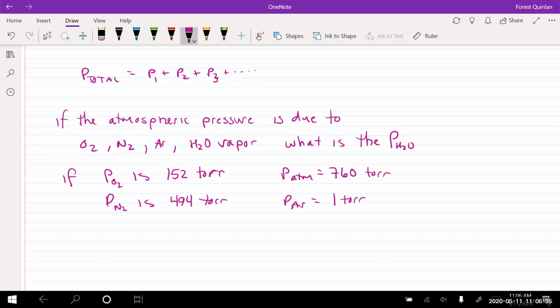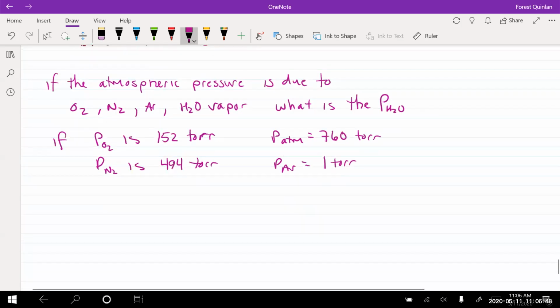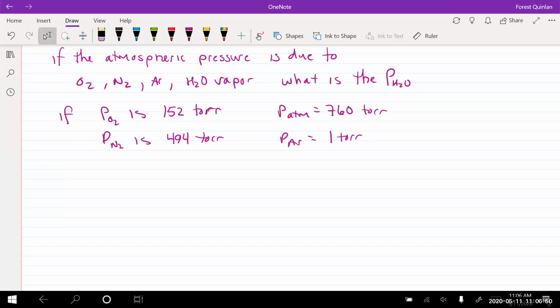Now, as you write that down, I hope that you guys see a little coincidence. It's not a coincidence that the atmospheric pressure I said was 760 torr. Looks a lot like the atmospheric pressure being 760 millimeters of mercury.